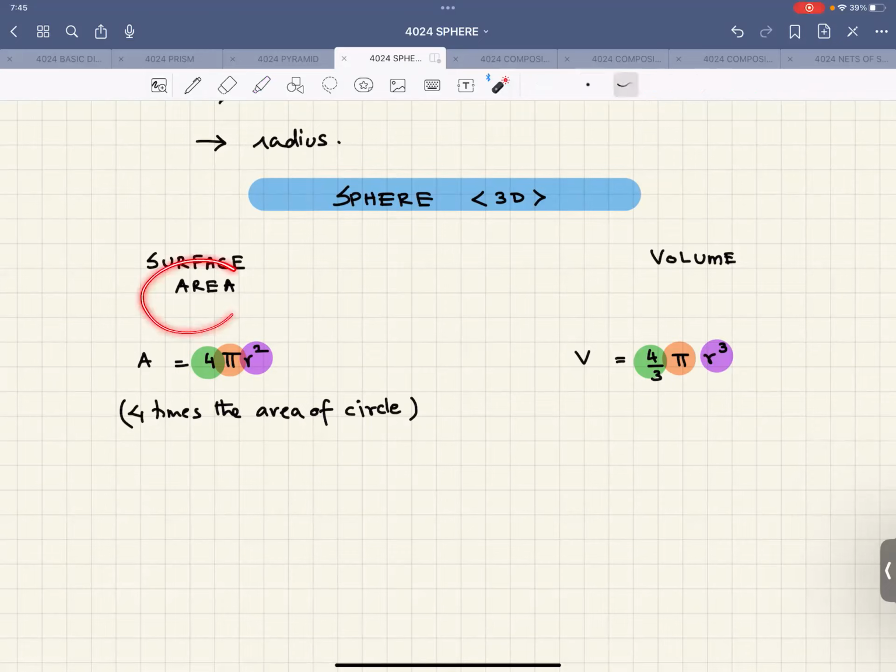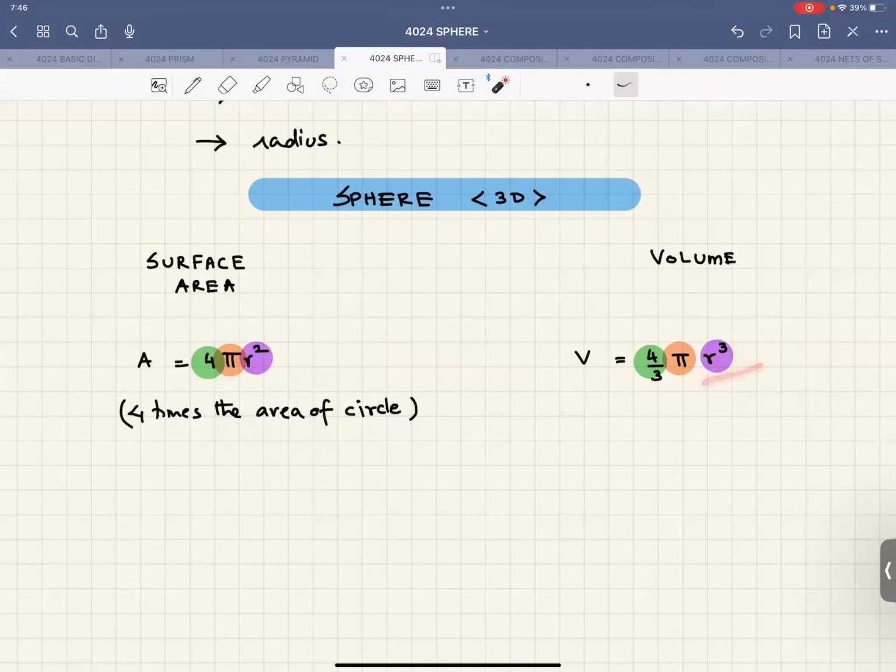Because when we are talking about area, we are talking about radius into radius, so it's centimeter into centimeter, which is centimeter square. When we talk about volume, that's radius into radius into radius, that is r cube. That is centimeter, centimeter, centimeter, that is centimeter cube.